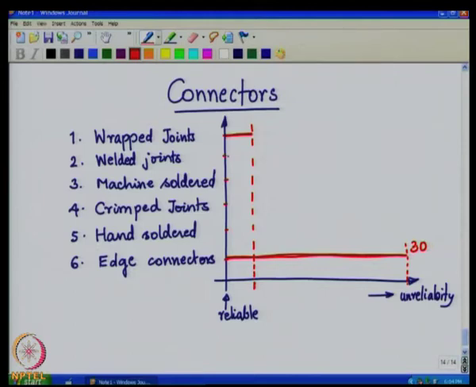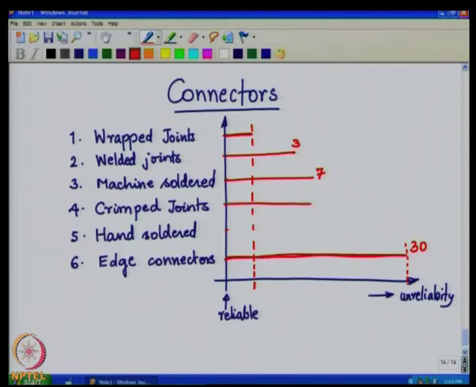The welded joints is normally given a value 3. These are not to scale. The machine soldered joints a value 7.